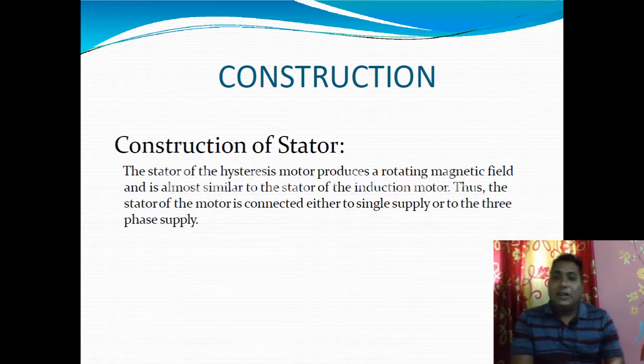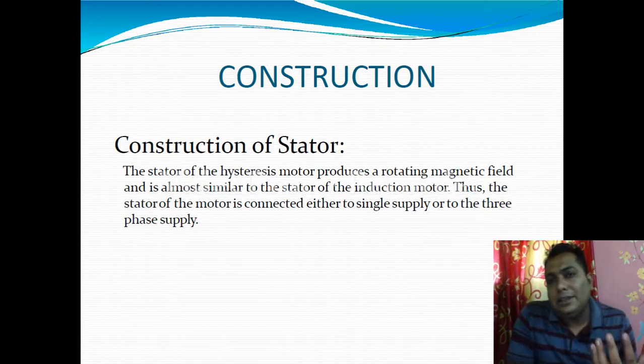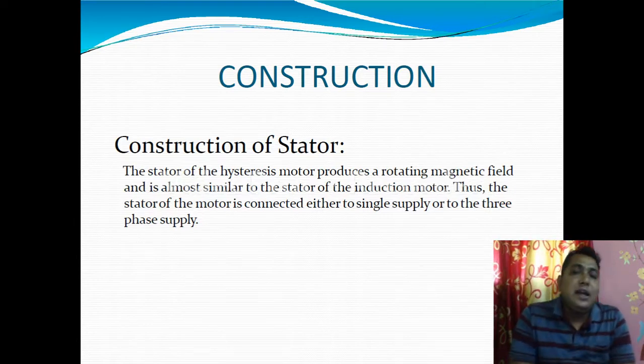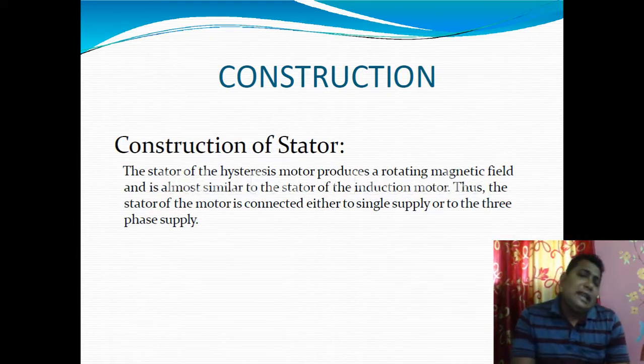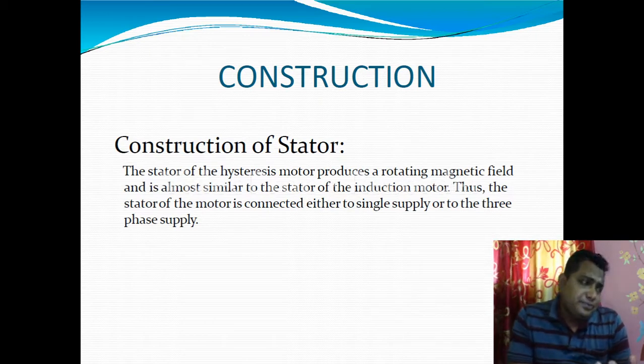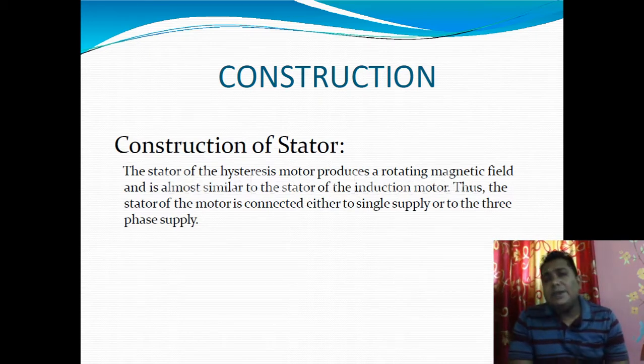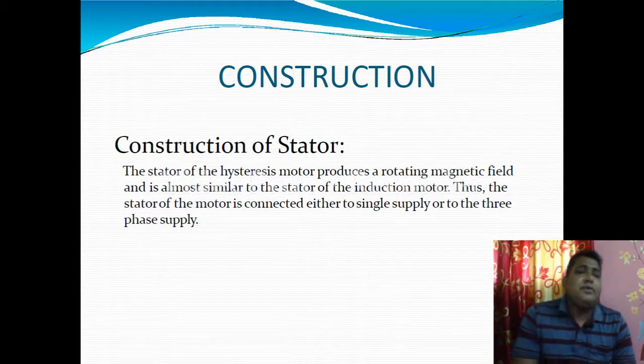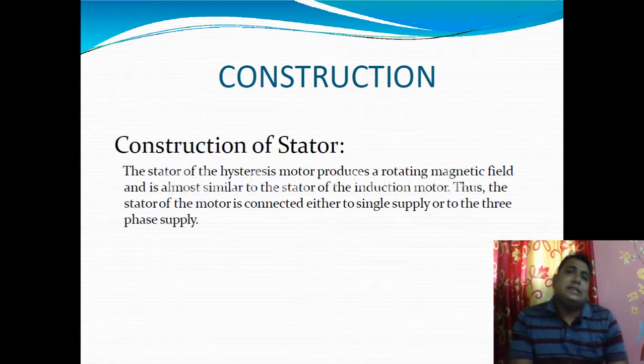And if we provide three phase supply to this hysteresis motor, then we know that in a three phase induction motor there is a generation of a rotating magnetic field, and that's why it is a self starting machine.